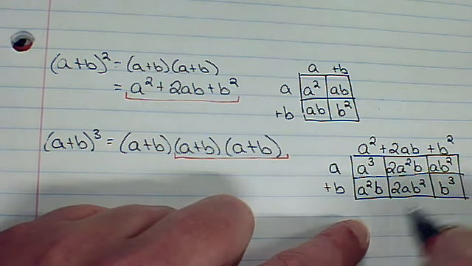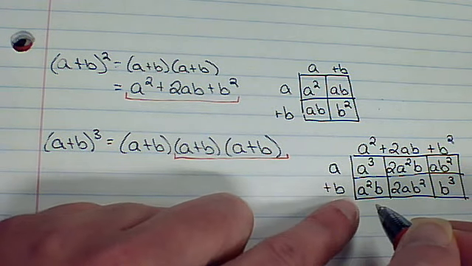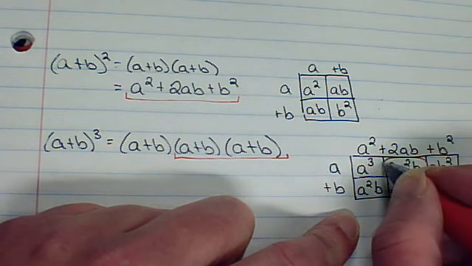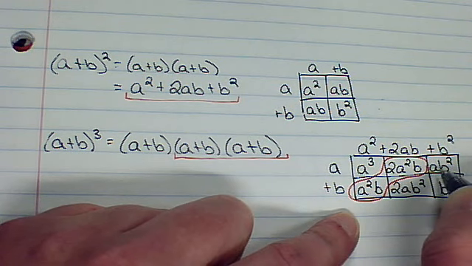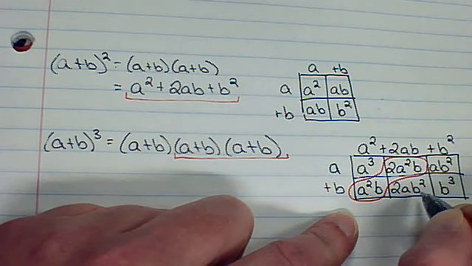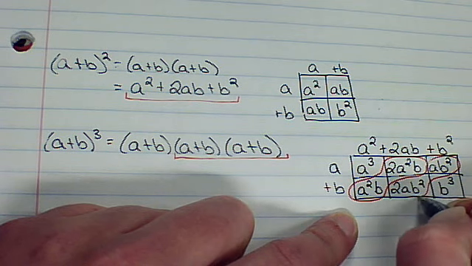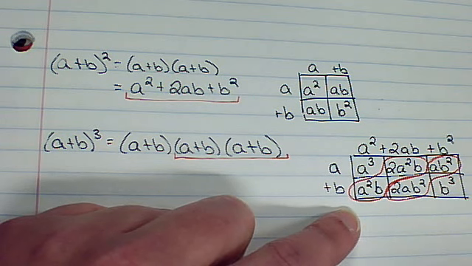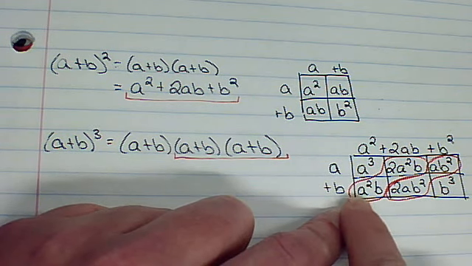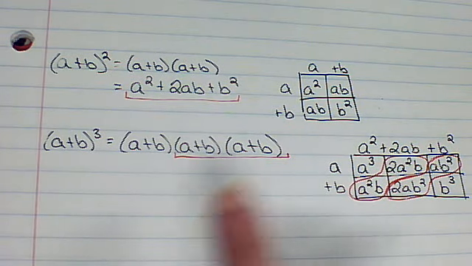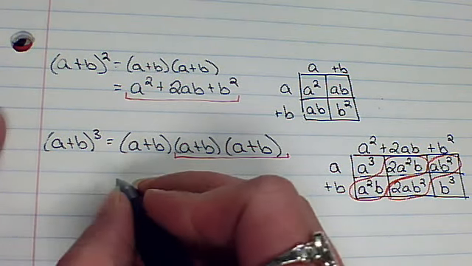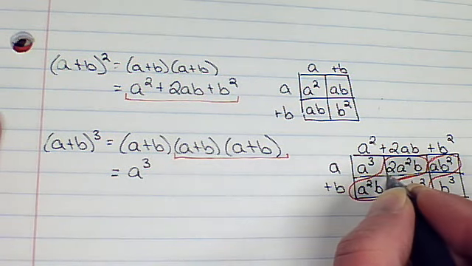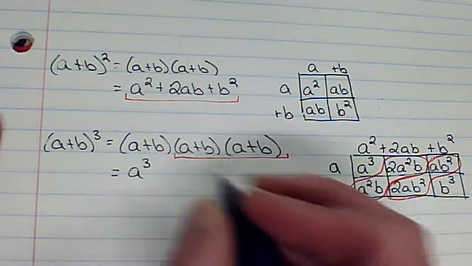Now, like terms means it has the same variables and same exponents on those variables. So here's an a squared b. These are like terms. This one has a b squared, a b squared. And when you're combining like terms, you're adding your coefficients. Which remember, when it doesn't have anything, that means it's a 1. So let's see what we get. We will get a cubed, 2a squared b, and another a squared b.